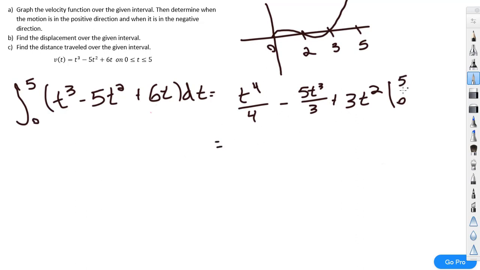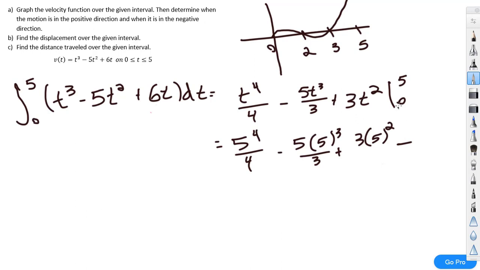Alright, now, if I actually plug 5 into this, what I'm going to get is 5 to the 4th over 4 minus 5 times 5 to the 3rd over 3 plus 3 times 5 squared. All of that minus, well, if I plug 0 in for t here, I'm going to get 0 over 4 minus 0 over 3 plus 3 times 0, so that's just going to be 0.